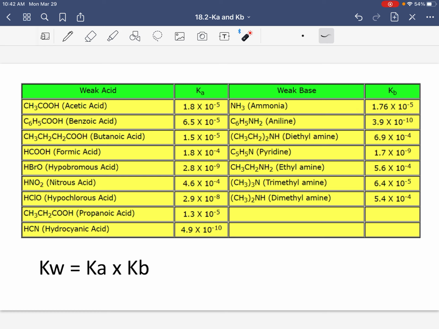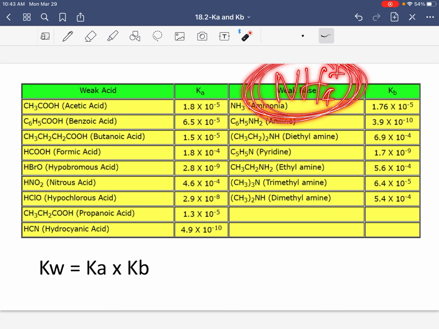Remember, for every Bronsted base, there's a respective conjugate acid. NH3 is a base. He has a conjugate acid of NH4+. If I know what Kb is, guess what? I know what the Ka is for this guy.